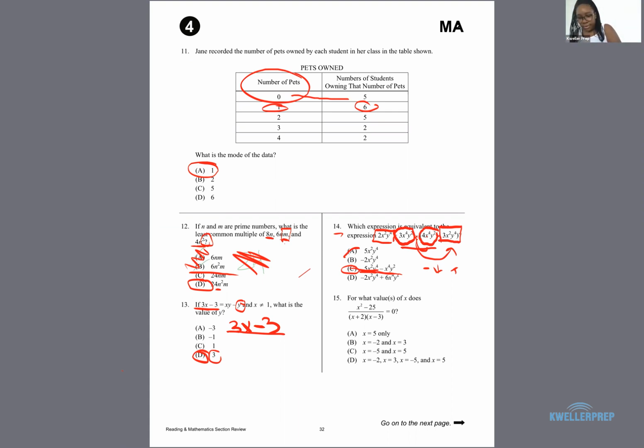Okay. For 15. For what values of x does x squared minus 25 divided by x plus 2 times x minus 3 equal 0? So what they're really asking you to do is find the zeros of both of these quadratic equations.